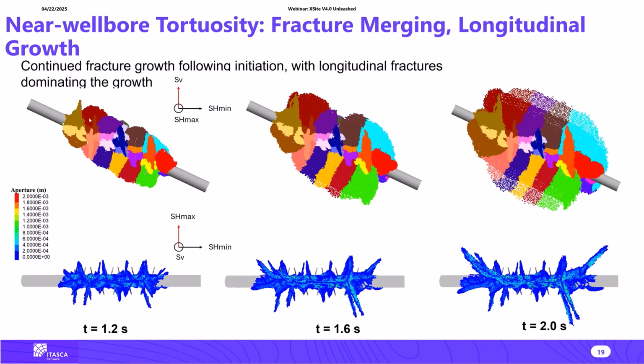What you can see is that as the injection progresses, these fractures initiated from perforation tunnels coalesce and then create the fracture which is along the well and perpendicular to the SH max, which is the intermediate principal stress. But then at the later times, at the end of the perforated section, the fractures start turning into the direction perpendicular to the minimum horizontal stress, which is along the direction of the well, the horizontal, of course.